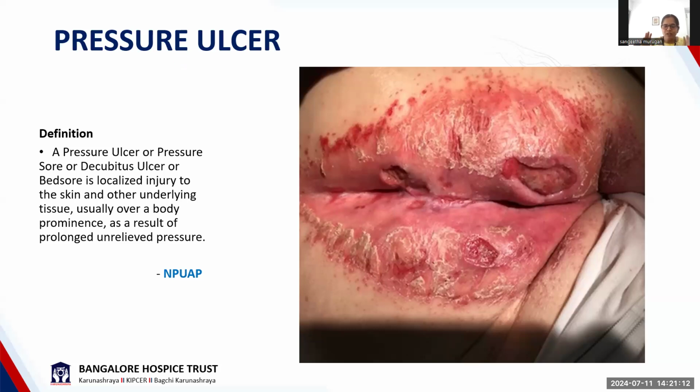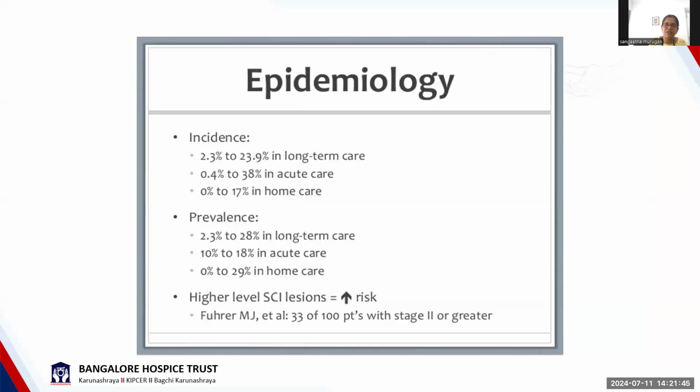So if you go to the movie, sitting for a long time watching the same movie, with constant pressure, that particular area becomes very warm. You can see the redness, you can see the irritation. It is called a pressure ulcer. It is not only a cause of morbidity and mortality in the healthcare setting. It is also an important measure of how our care is provided to the patient in healthcare settings. So that is what a pressure ulcer is.